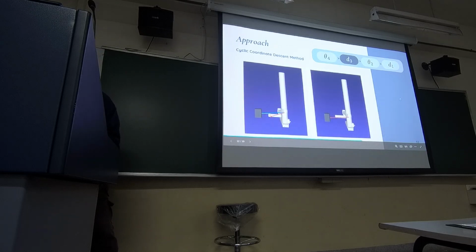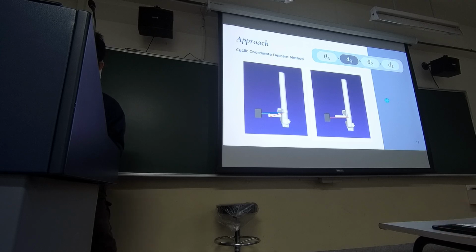The same idea applies to D3, but unlike theta 4, D3 cannot rotate. It can only move along the z-axis, up and down. In this case, the yellow vector represents the difference between the blue vector and the red vector, with only the z-axis component extracted.